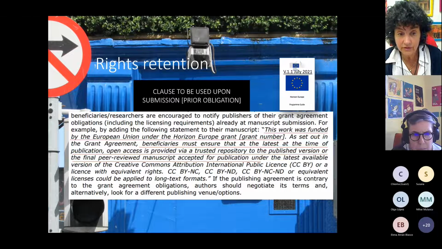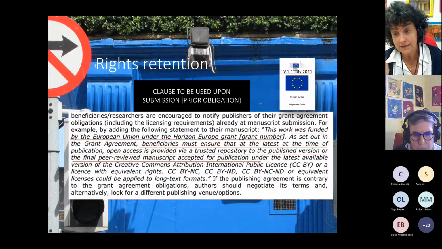This work was funded by the European Union under the Horizon Europe grant plus the grant number. As set out in the grant agreement, beneficiaries must ensure that at the latest at the time of publication, open access is provided via a trusted repository to the published version or the final peer-reviewed manuscript accepted for publication under the latest available version of the CC BY license.